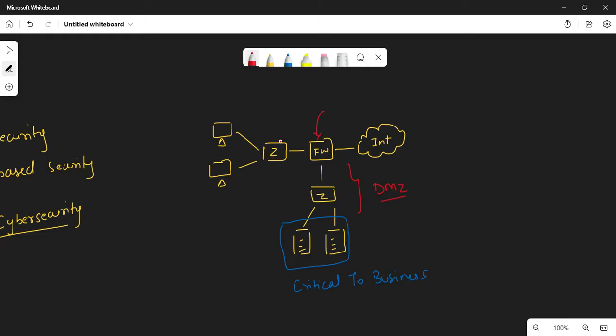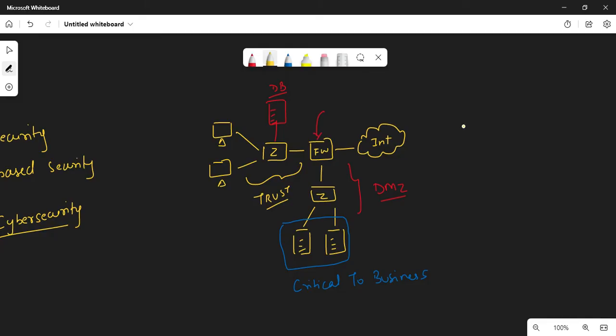Similarly, you might have critical infrastructure inside your trust zone as well, right? Any particular critical SQL server or something like that, a database server. This is your critical resource within the trust zone. Okay, so the firewall will be able to provide you security up to a certain level only.